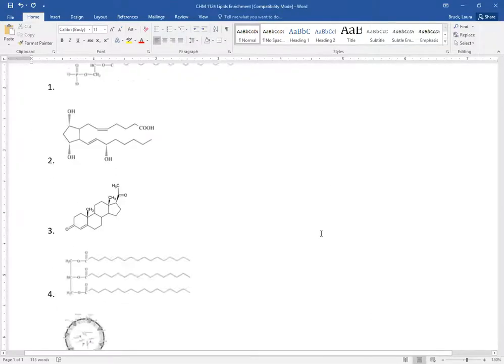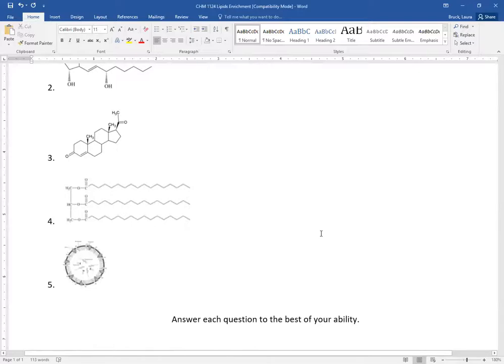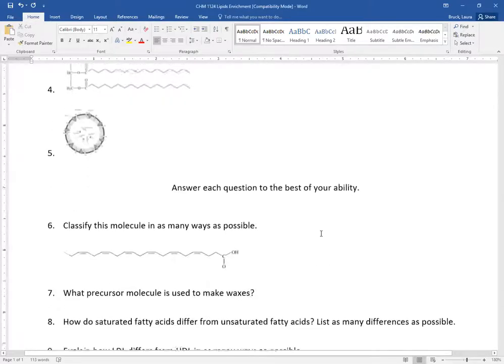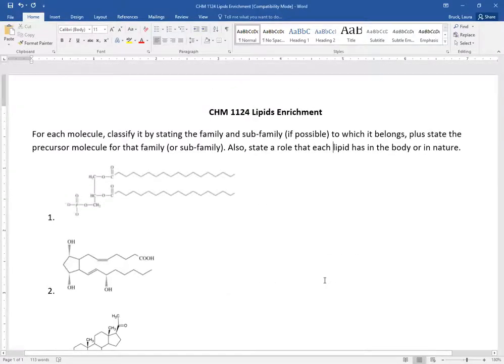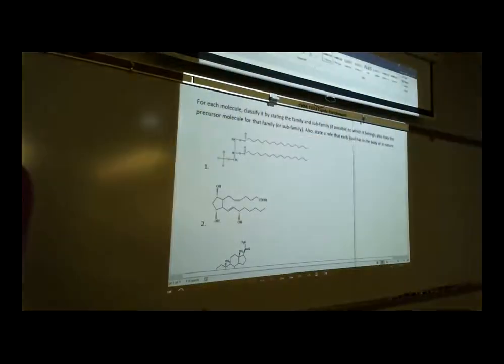So here are problems 1 through 3, there's 4 and 5, and then the next questions were just short answer. Classify this molecule as many ways as you can. Precursor molecules, fatty acids differ from unsaturated, LDL and HDL, and then the cell membrane. So now we're going to go over these here on campus, and talk about the answers.